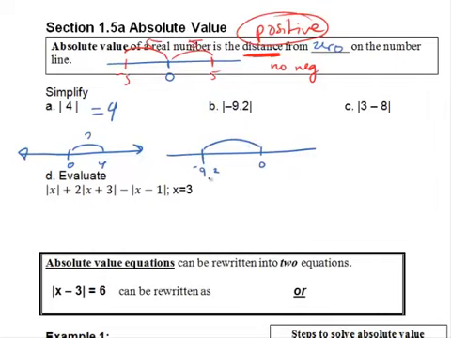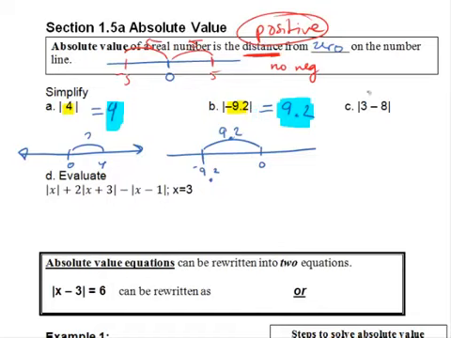The distance is also 9.2 units. Even though you're landing at negative 9.2, the distance traveled is only 9.2. So we say that it's 9.2. So what you need to know is that whether you have a positive or a negative, your answer should always come out of an absolute value as a positive value.